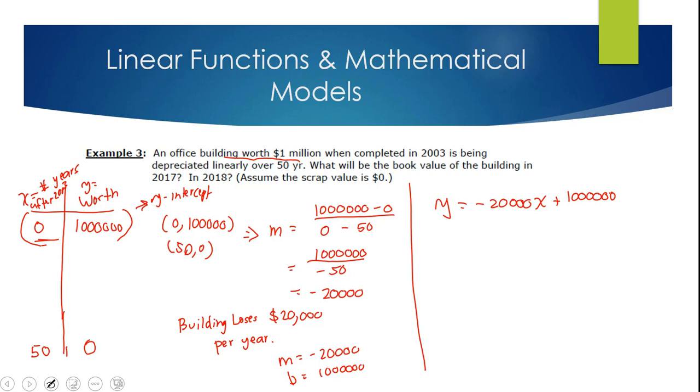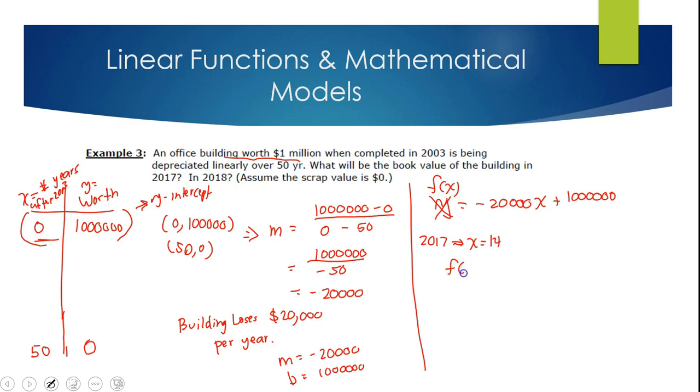So now it's asking me for the value of the building in 2 different years. The way I defined it, in 2017, x would have to be 14. This is actually going to take the place of f(x).